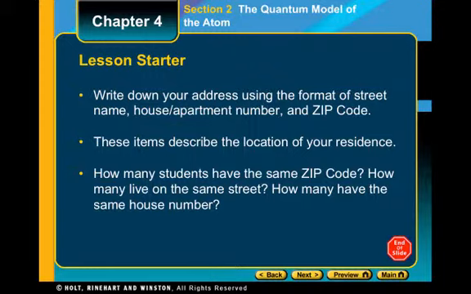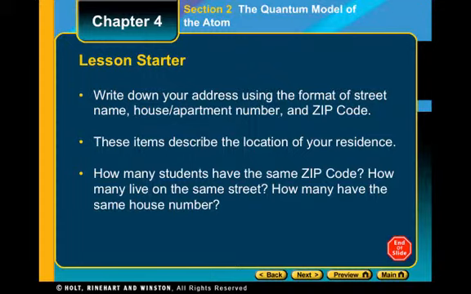So how many students would have the same zip code in here? Well, there'd be Hastings or Juniata probably would be your... No? What? Yeah? No, Juniata is different than Hastings. No? They have a different post office.